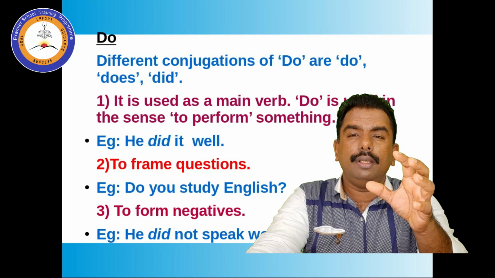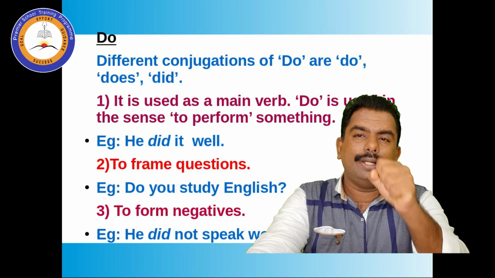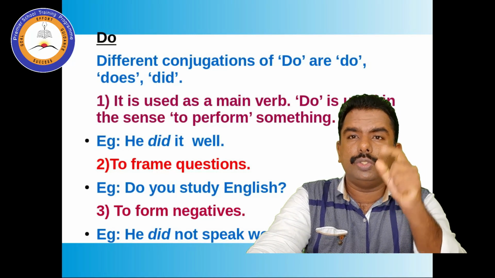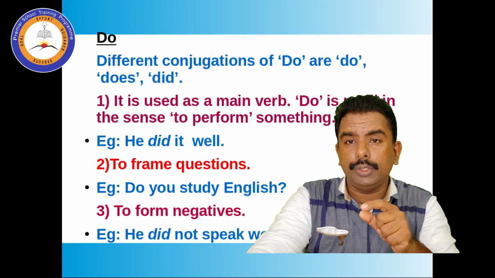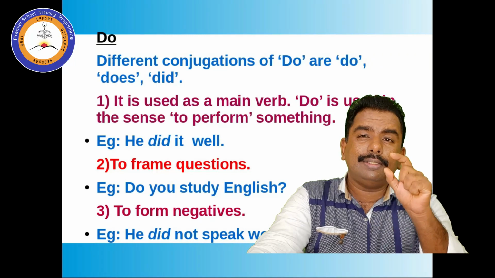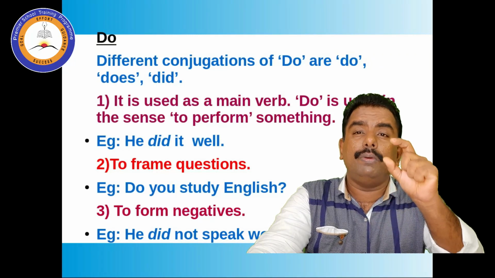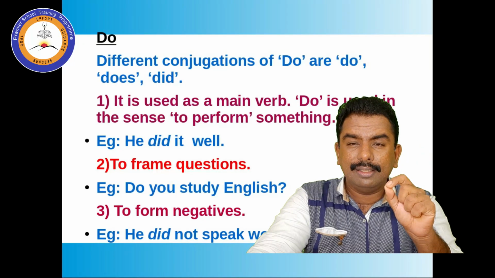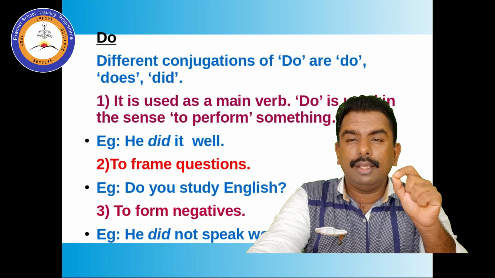I just ask you to take your attention to the table that I taught you in the beginning of this video. In that table, I wrote a verb write. Write, writes, wrote.